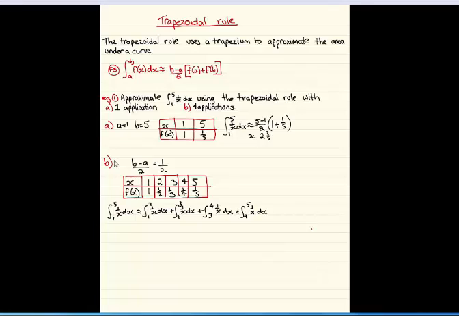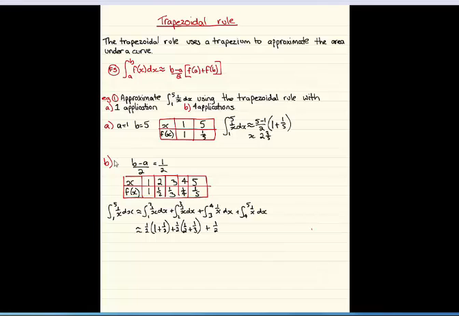Okay, and then we say, well, that is approximately equal to b minus a over 2. We've just worked that out as being a half, right? So it's equal to a half outside of fa plus fb. So it's the first function value plus the second function value, plus a half outside of the second function value plus the third function value.